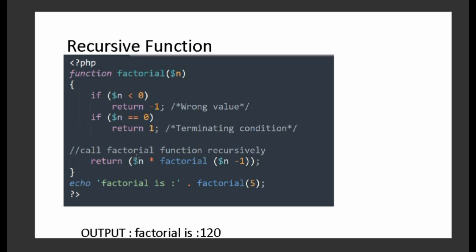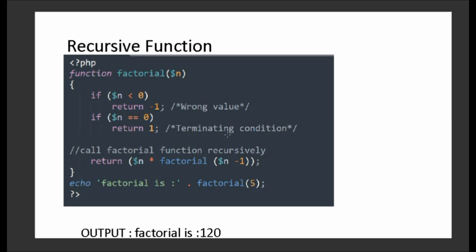Here the n value is 5 multiplied by factorial, again the function call is there, n minus 1, so 5 minus 1 is equal to 4, then 4 is passed to the function, and again it will check, and here it will return 5 into 4. Again 4 minus 1, 3 is going to the function, and again it will continue until the value becomes less than 0 or equal to 0.